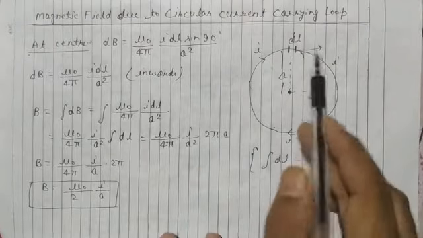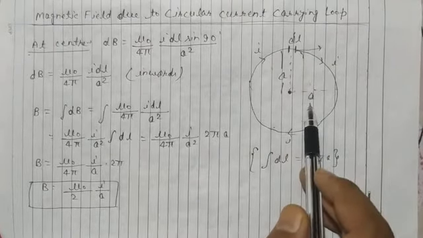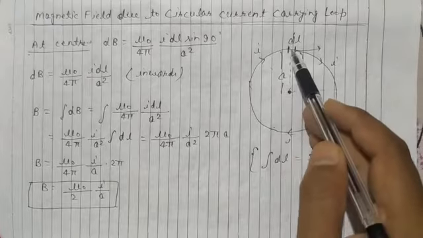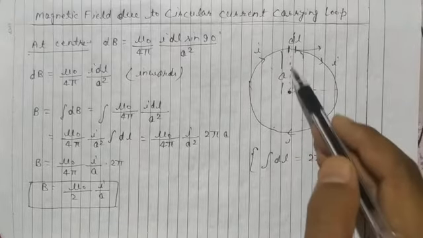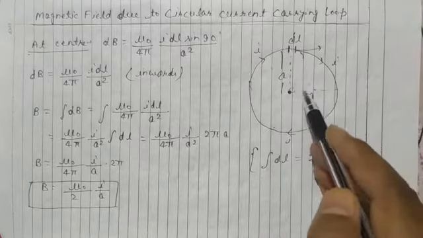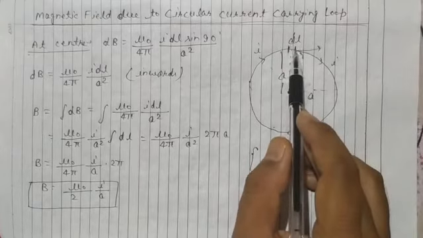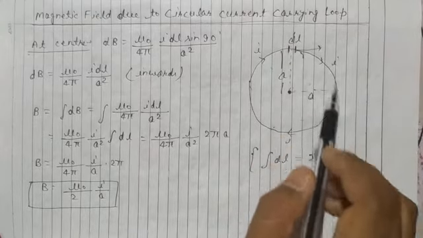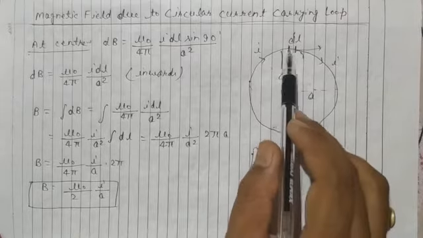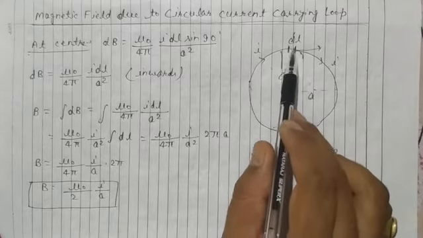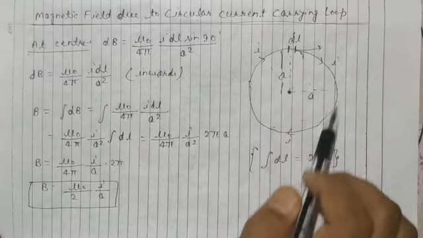Let the radius of this loop be small a, and this length is also a, because a is the radius, and dl is a small element of this wire, this loop.